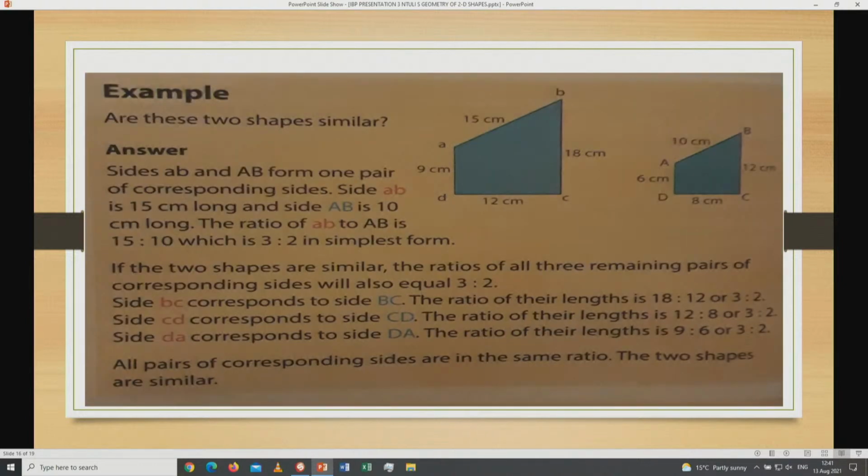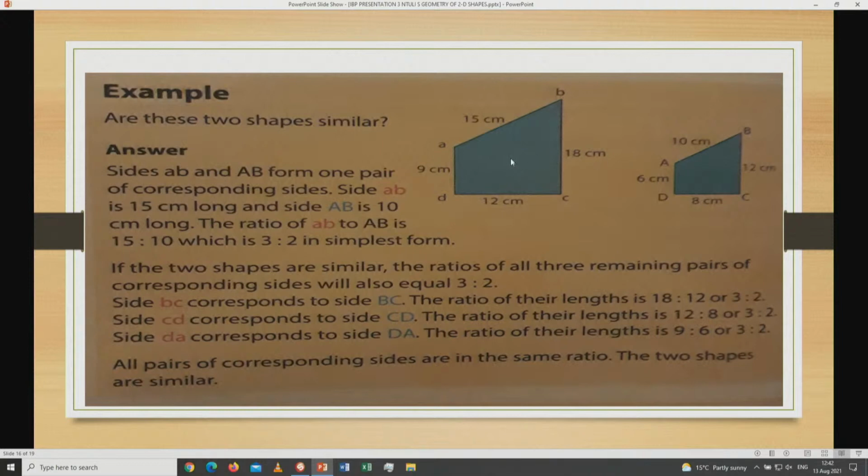Now, let us look at the following example. We will fix that group G then. Now, in this example, guys, let us observe. It says, are these two shapes similar? We've got this shape and this shape.